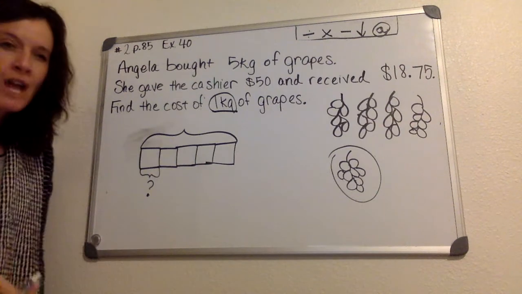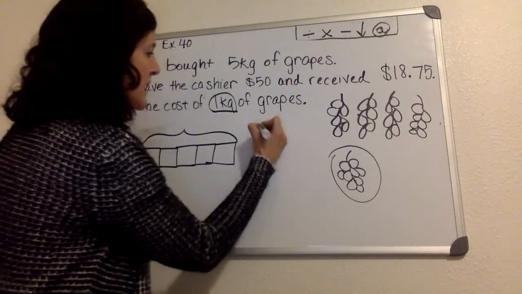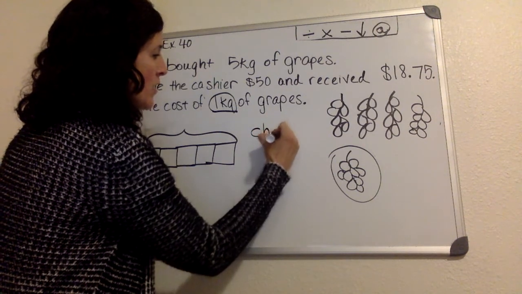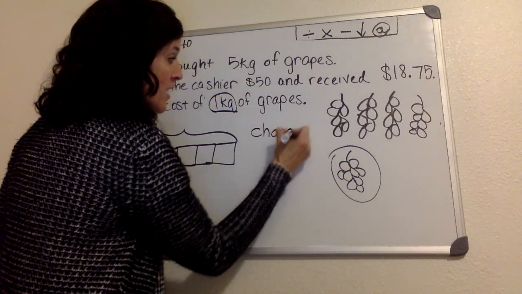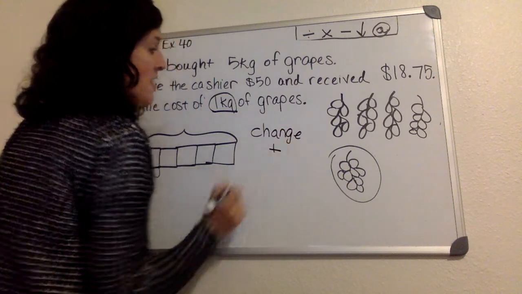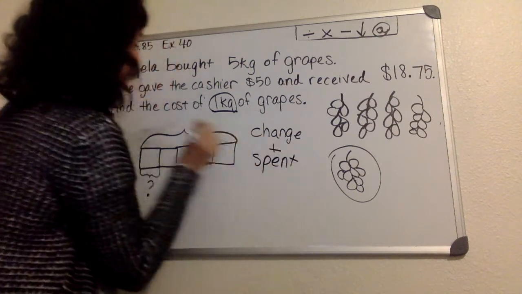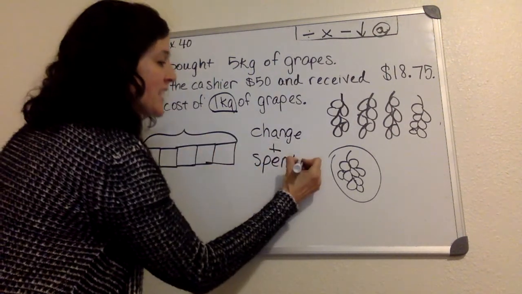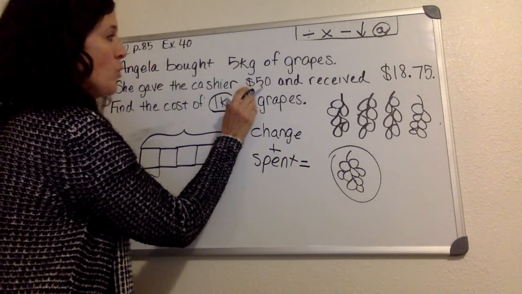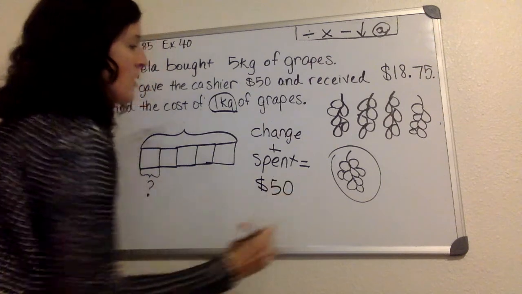How can I figure out what I spent? Well, I know the amount in change, which is $18.75, plus the amount I spent, which is what I want to know right up here. Altogether, that's going to equal what I started off with, which is my $50.